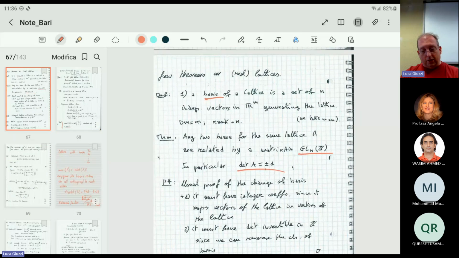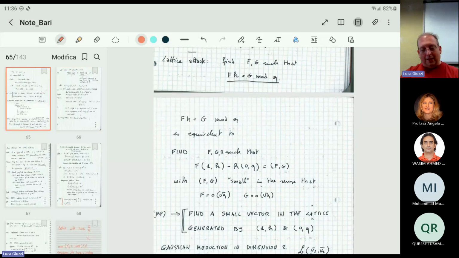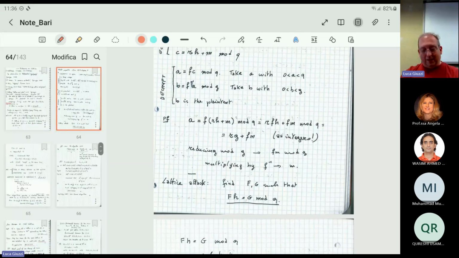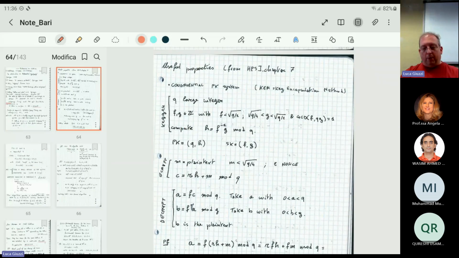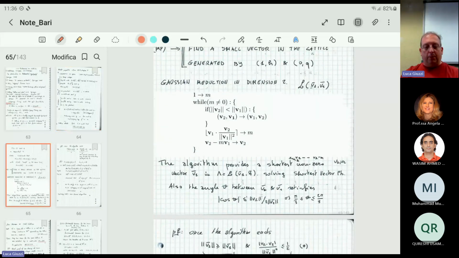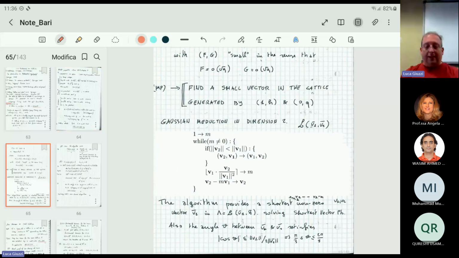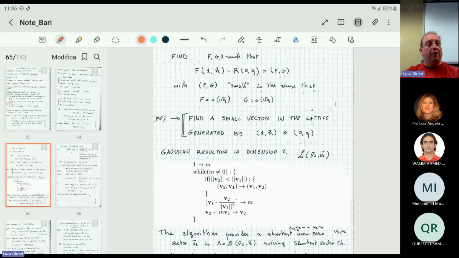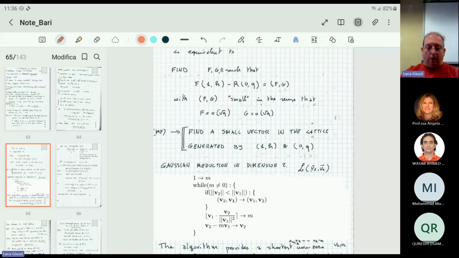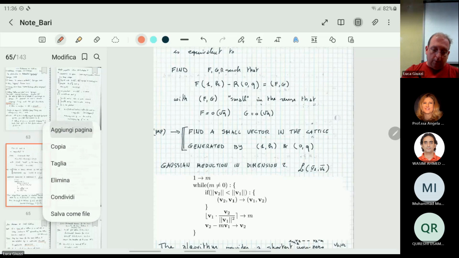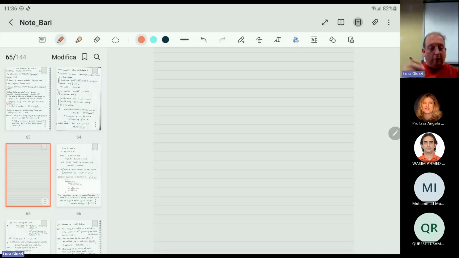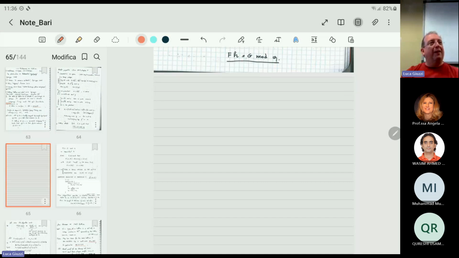Now let's move on. I have to rearrange the pages, I see, because what I want to say first is one problem, an important problem in lattices, which is to find the smallest vector contained in the lattice.